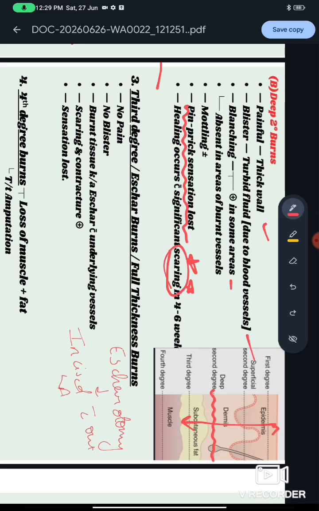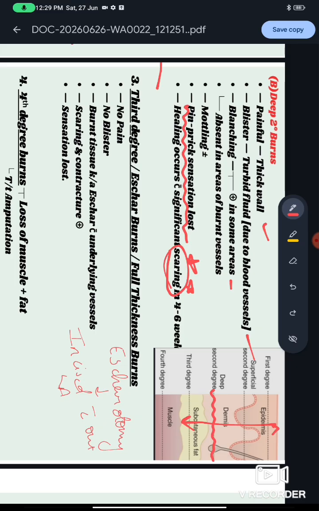Why is LA not needed in this case? Because the nerve endings are completely damaged. The patient does not feel any pain or even a pinprick sensation. So no LA is necessary for this procedure known as escharotomy. This is essential to prevent the formation of gas gangrene in further cases. We'll be learning about escharotomy in detail in the further slides.